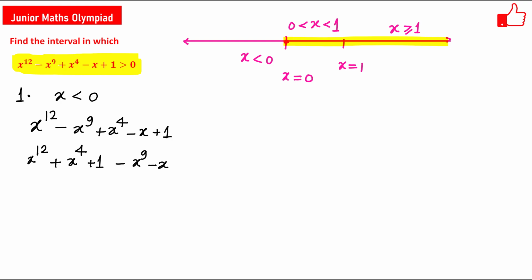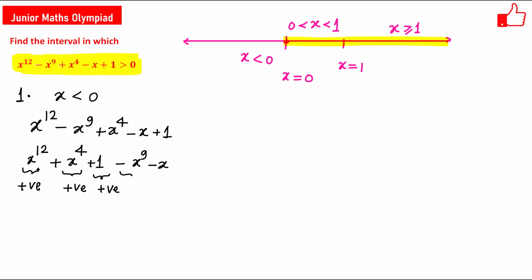Now x is a negative quantity in this case, but if you take any even power, it will become positive. This means x raised to the power 12 will be positive because x is negative but the even power will be positive. Similarly, this will also be positive, and 1 is a positive quantity.